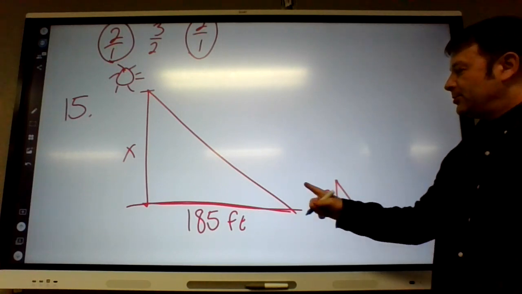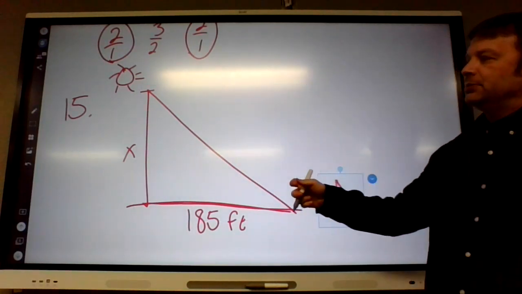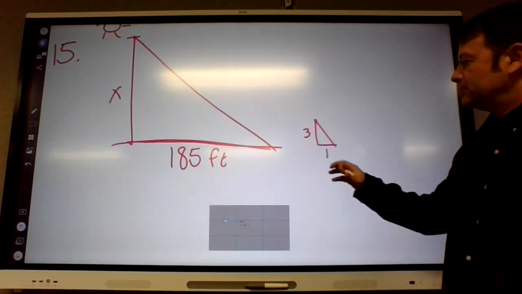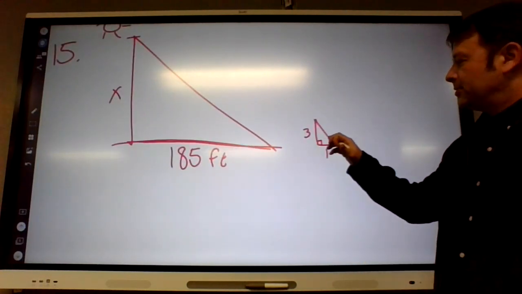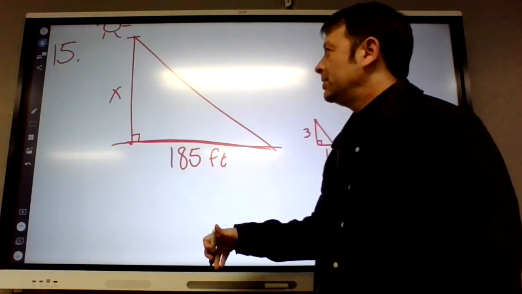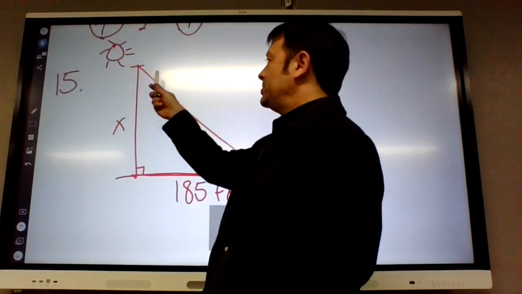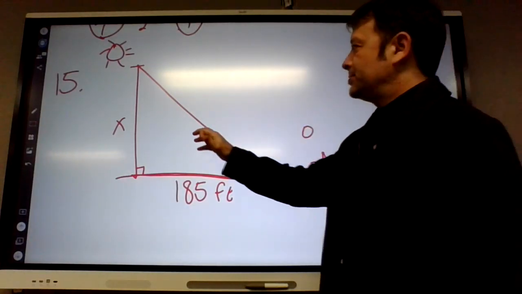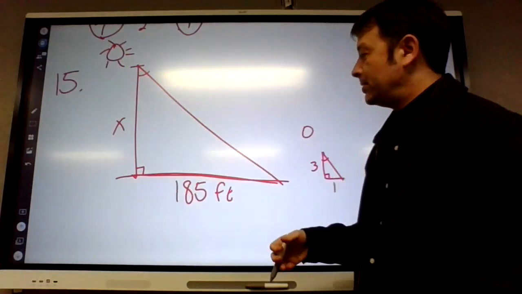Okay. You guys know why these two triangles would have to be similar? Well, those are right angles, right? The pole with the ground. And also the sun would be shining down at the same angle. So these angles would have to be the same, so they are similar by angle.